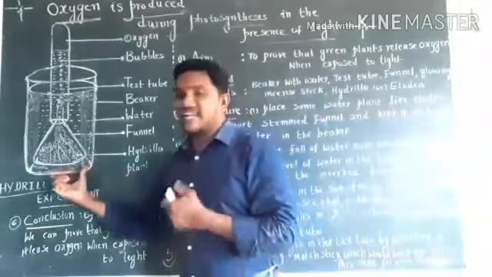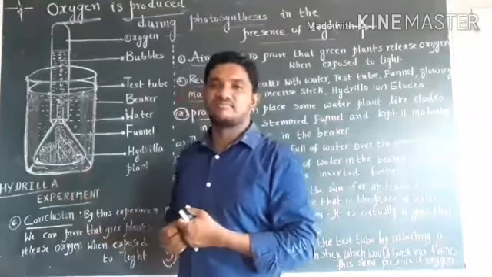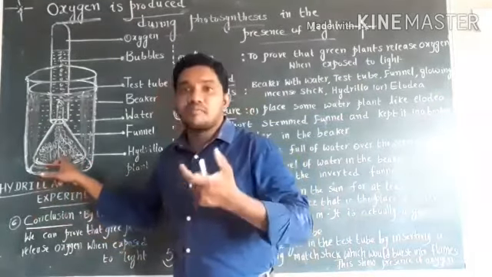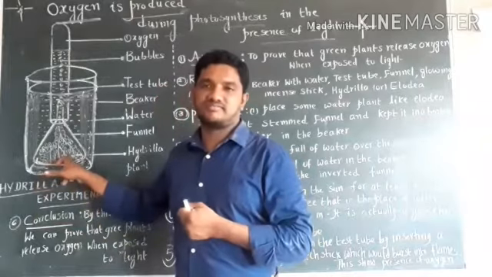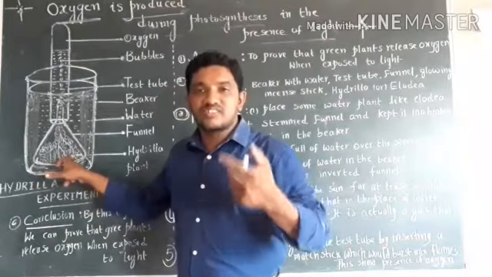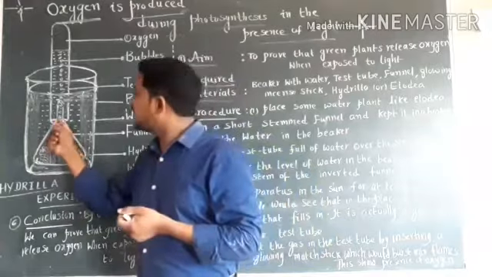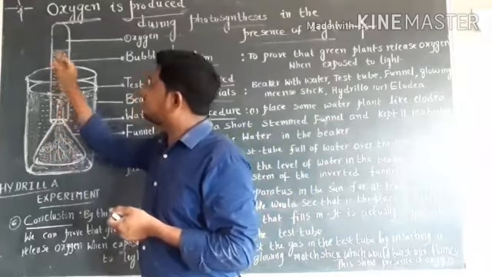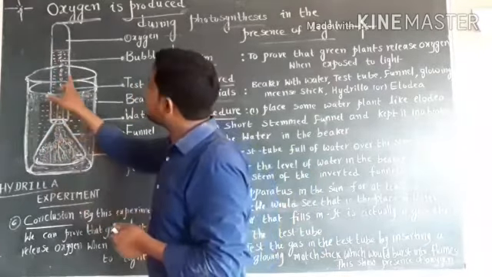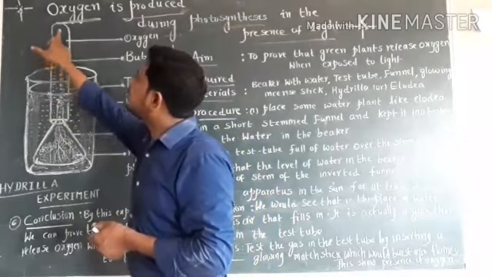When we keep this experiment under sunlight, the hydrilla plants perform the photosynthesis process. During photosynthesis, small air bubbles are released. These air bubbles reach the end of the test tube.